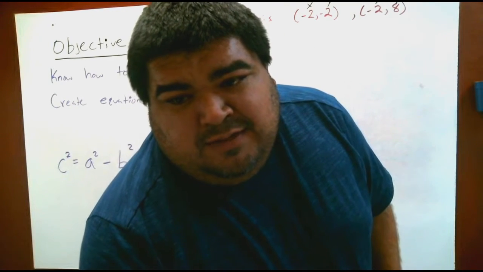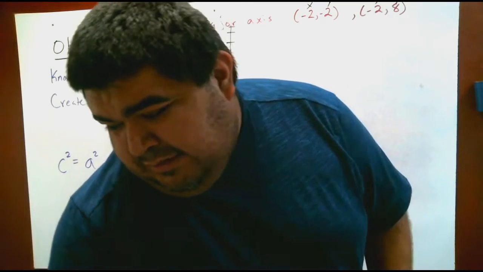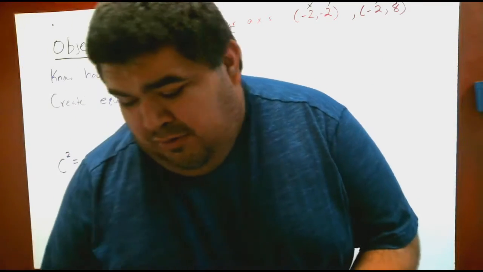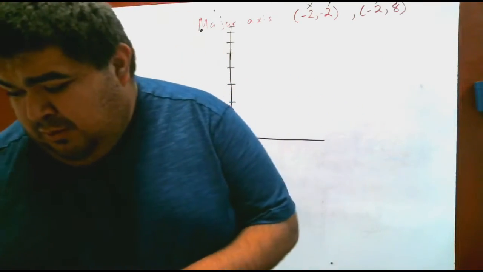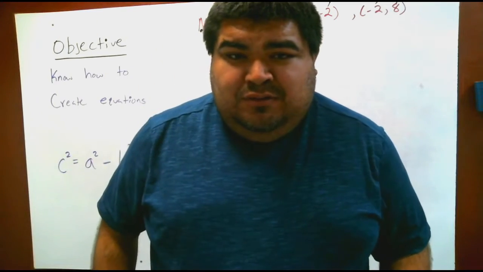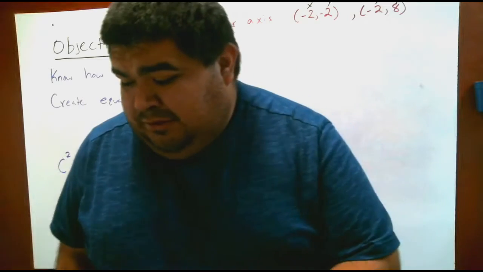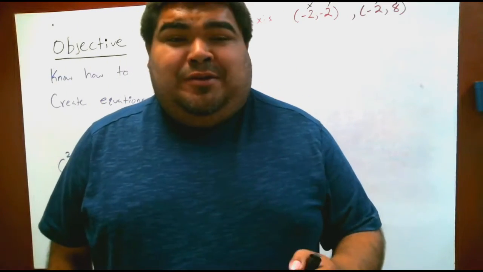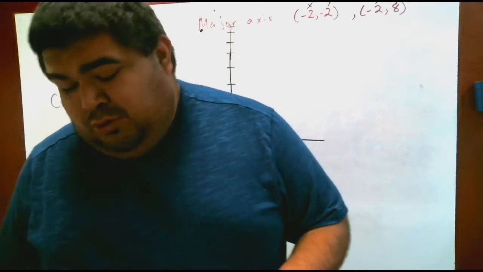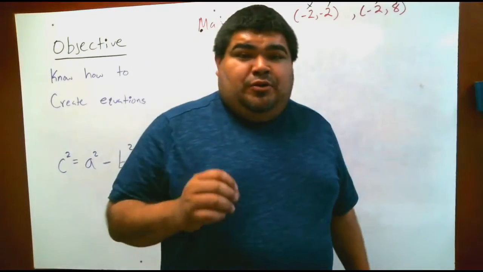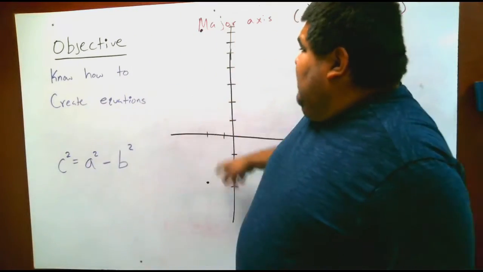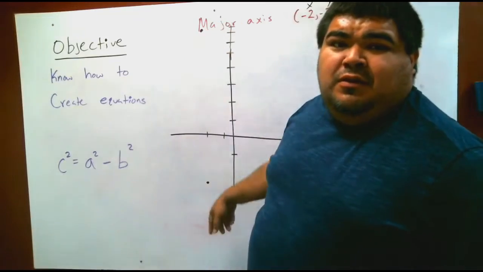The first one is x minus h squared over 2a plus y minus k. We're not going to use that one. We're going to use the other one where it says y minus k squared over 2a, because our ellipse is going to be vertical.